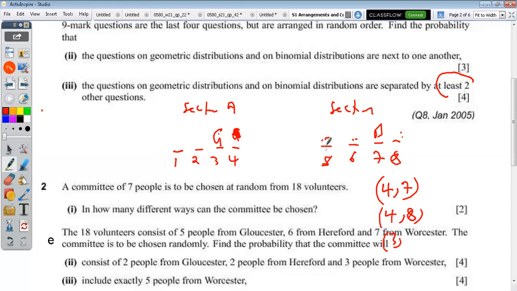Can I have it on position 5? No, it will be separated by 1. So I can now start at 6, because it will be separated by 4 and 5. So it's 3, 6. Then I can have 3, 7, because it will be separated by 4. Then I can have 3, 8. That's what I meant on position 3.